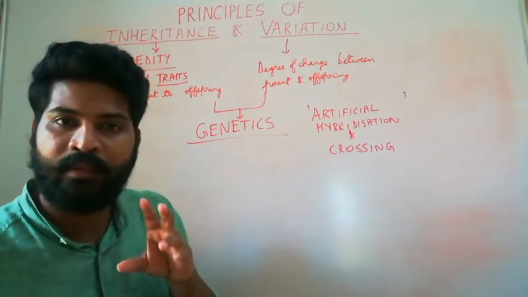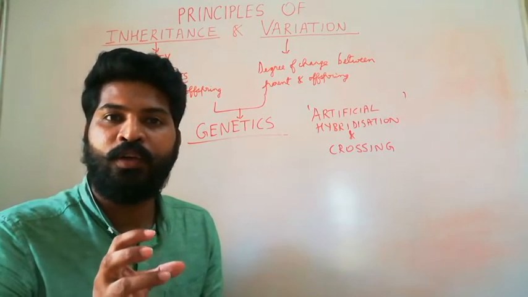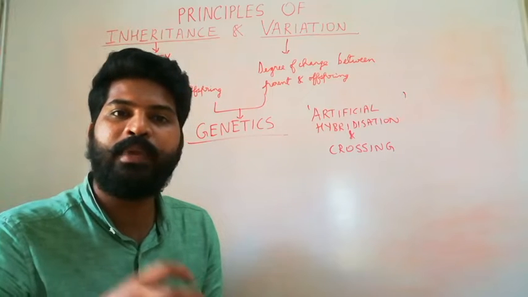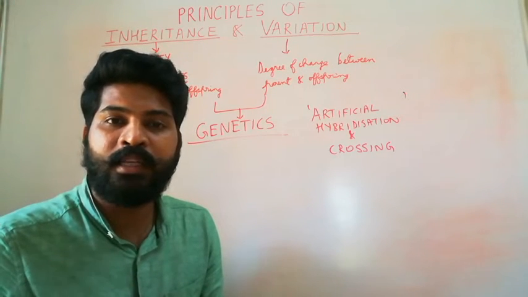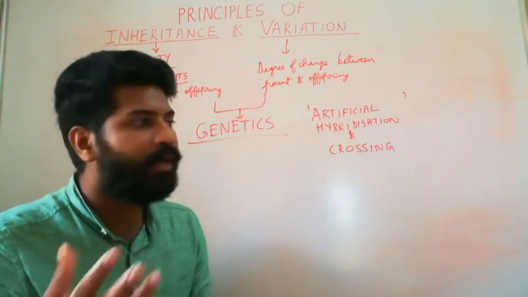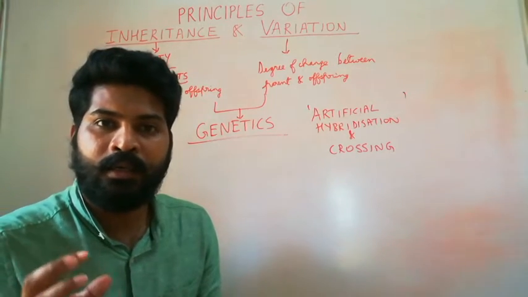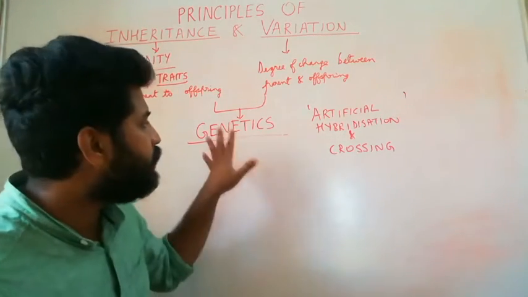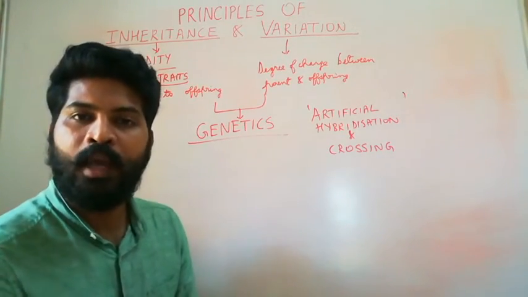But they did not have any idea as to what was the reason for these traits being passed from parent to the offspring, or what was the reason for differences between the parent and the offspring. Only in the 19th century, the detailed study of genetics started through Gregor Johann Mendel.